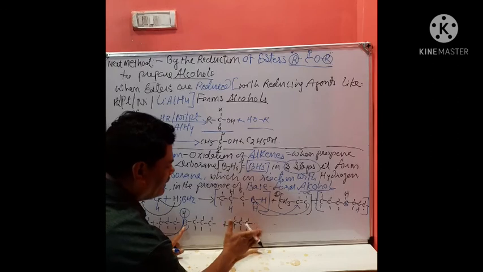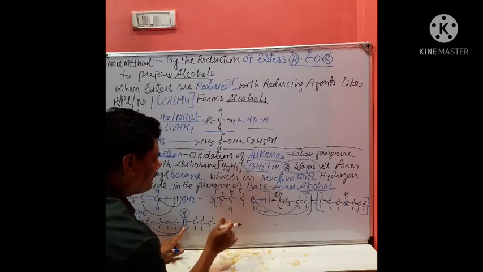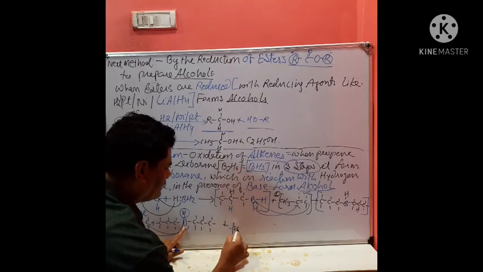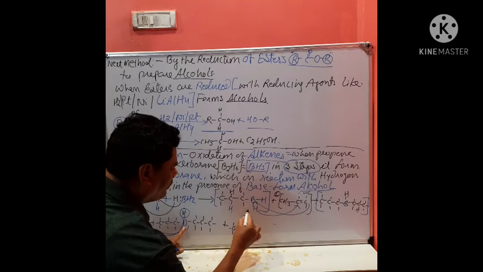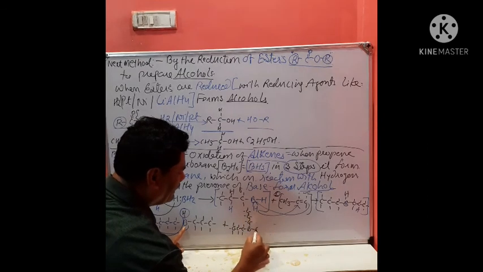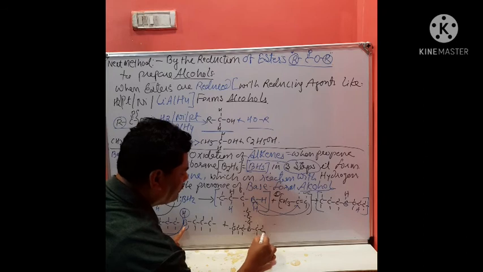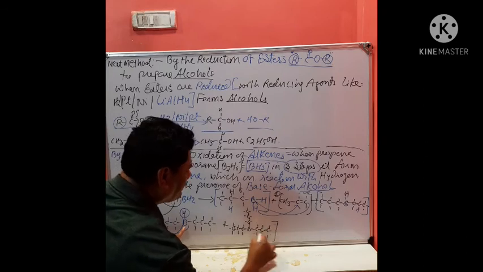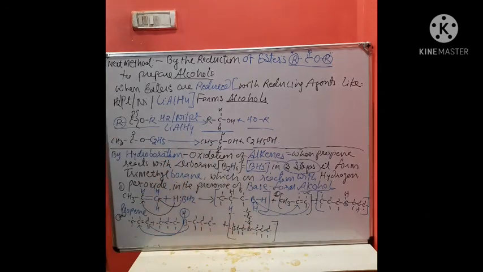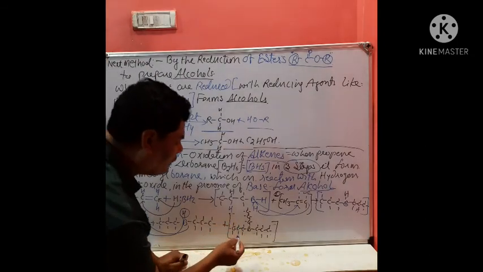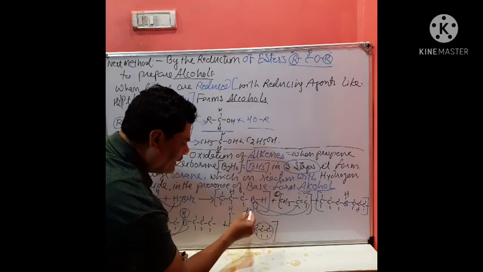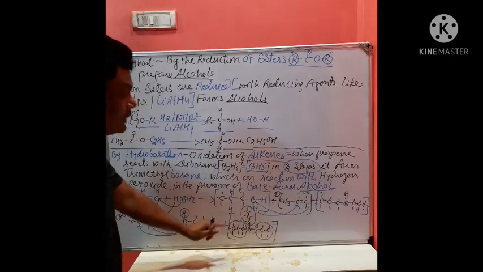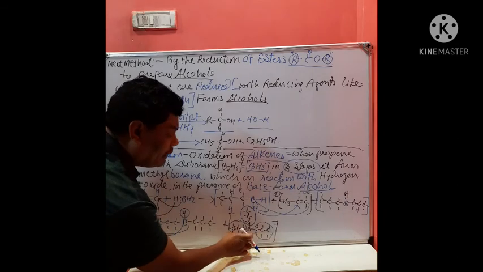I am writing in this part CH3, CH2, CH2, B, CH2, CH2, CH2, and again CH2, CH2 and CH3. This compound is called trialkyl borane. Trialkyl, why? Here one R, here one more R, and here one more R. So you can call this tripropyl borane.